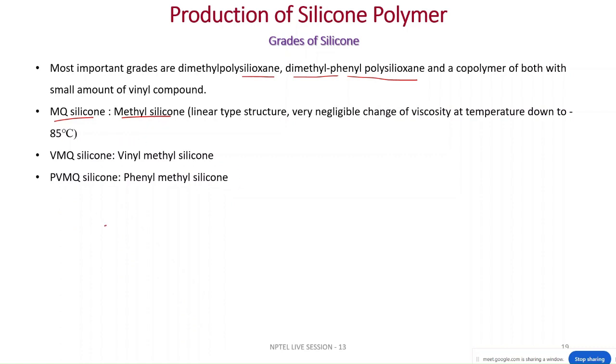If I talk about an example of methyl silicone, silicon and oxygen will be in the backbone, and methyl groups will be there. So these are the repeating units. This is MQ silicone.